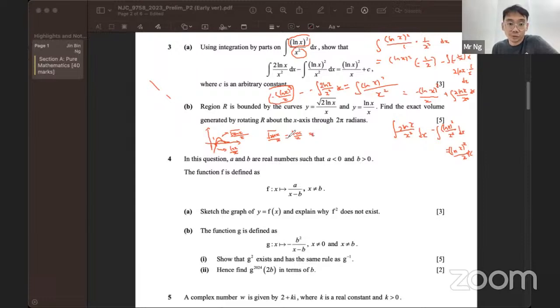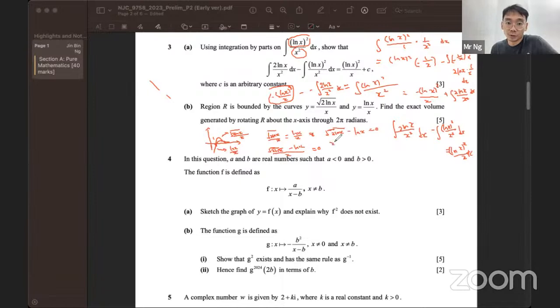Then after that I bring it over. Why do I remove the denominator? Because for something to be 0, only the numerator needs to be 0. The denominator can be anything, but the numerator must be 0.